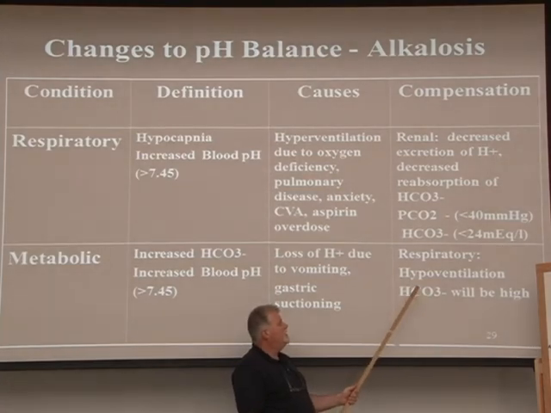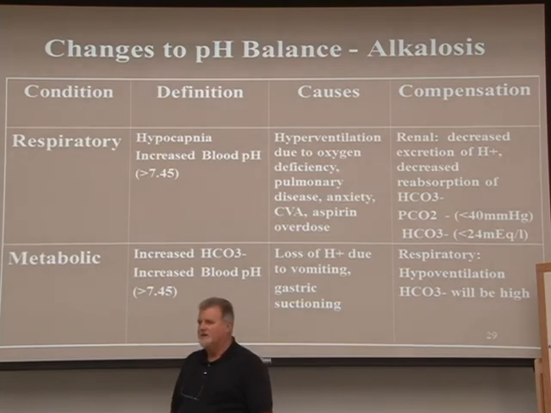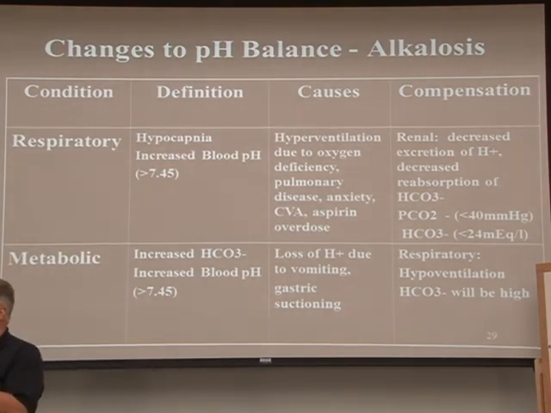And what's going on here is we're too basic, right? So do we want to add hydrogen ions to the blood or decrease hydrogen ions? We want to add them. So if we want to add hydrogen ions to the blood, do we want to increase carbon dioxide in the blood or decrease carbon dioxide? We want to increase carbon dioxide in the blood, right?